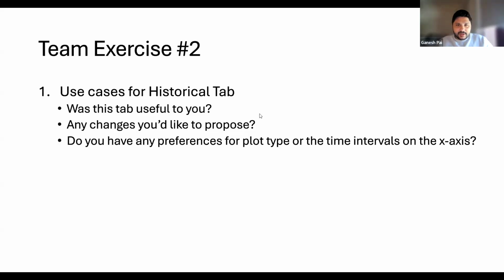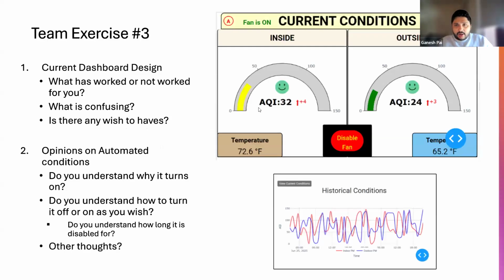All right, I think we can move on. So now we're just discussing in general both of the tabs that exist right now. I'd just like to quickly know from everyone what has worked for you and what has not worked for you in terms of the current design. What has confused you in terms of the design?